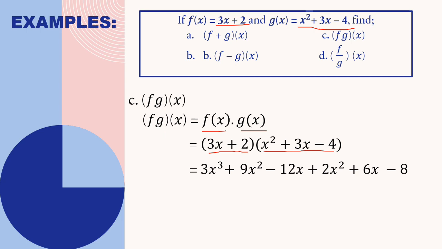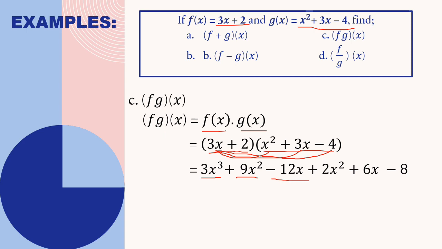Okay, so 3x, how will we simplify this one? 3x times x squared is equal to 3x cubed. Then the 3x times 3x, so we have here 9x squared. Then 3x again to the third term times negative 4, so we have negative 12x.